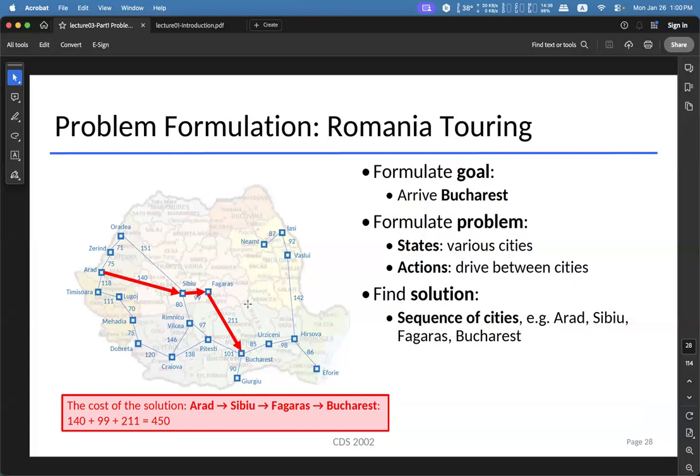So we add these three numbers together, and the cost of the solution will be 450. We want to minimize the cost, right? Yes, we want to minimize the cost. We can use some algorithms to achieve it, but it will be discussed later.